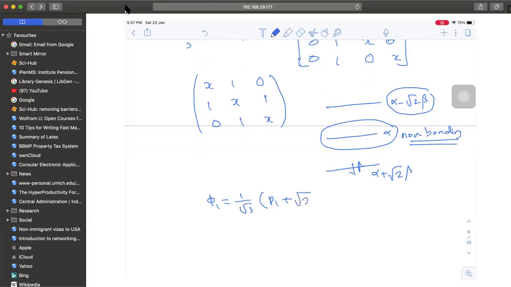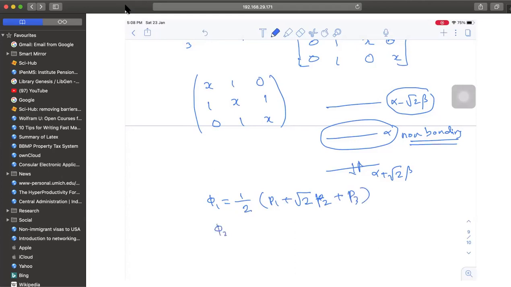So I think it will be 1 by 2 (p1 plus root 2 p2 plus p3). I'm correcting what I have written. So this is the orbital, correct?